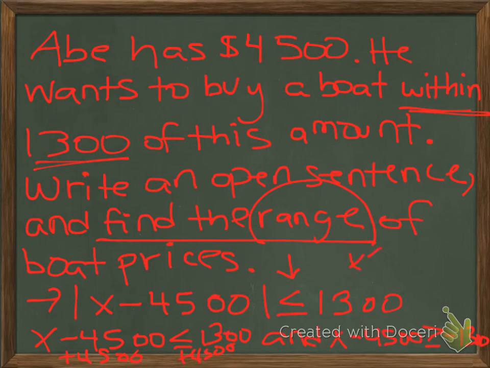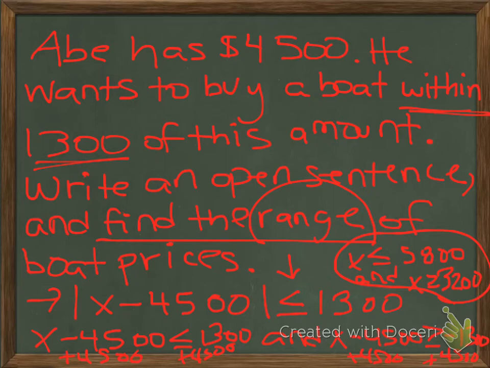So x is less than or equal to 5,800. And add the 4,500 again, but this time to negative 1,300. So I get 3,200. So x is greater than or equal to 3,200. And this would be my answer.